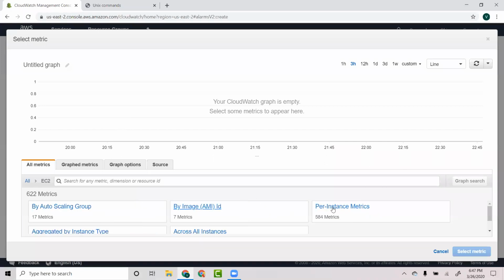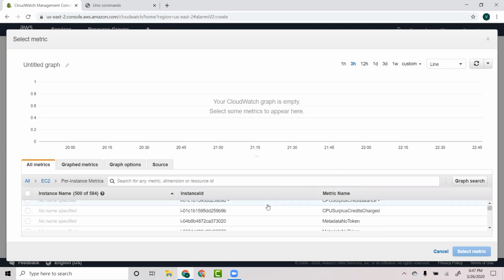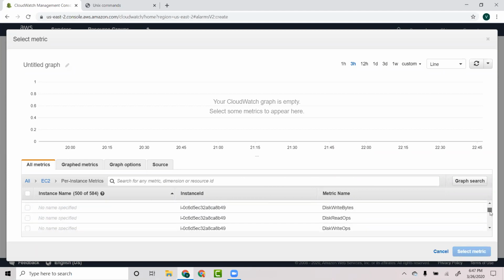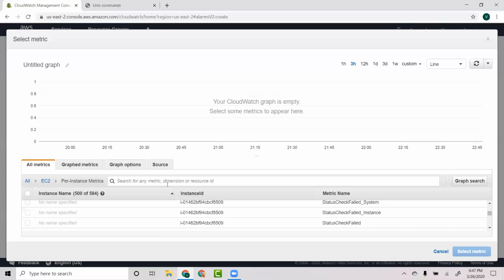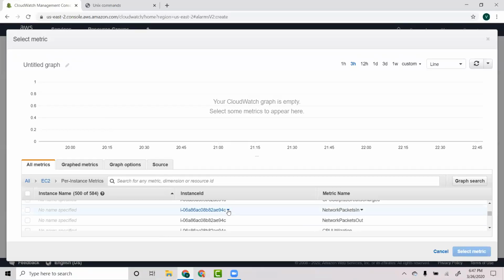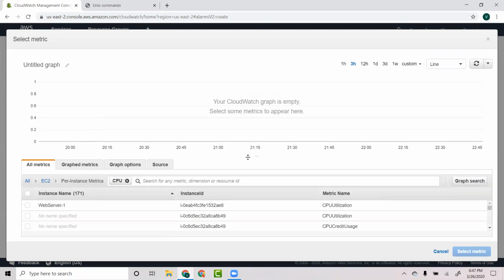I want EC2 per instance metrics, and then this one, CPU utilization. It's just, I think, 1 page above. Yep, right there. So CPU utilization.